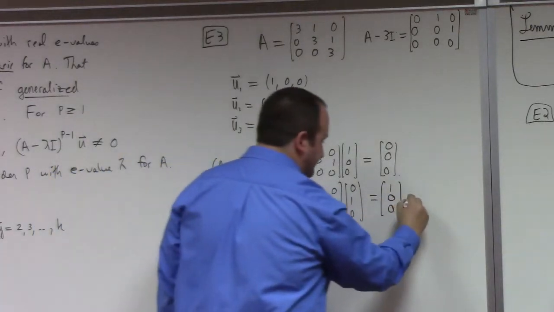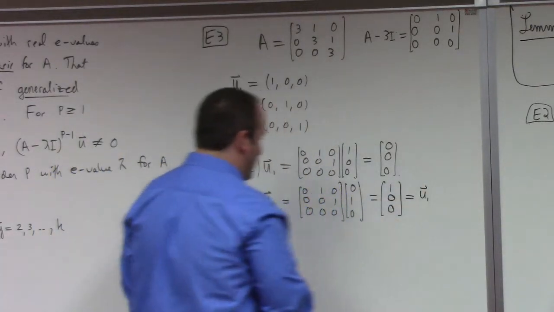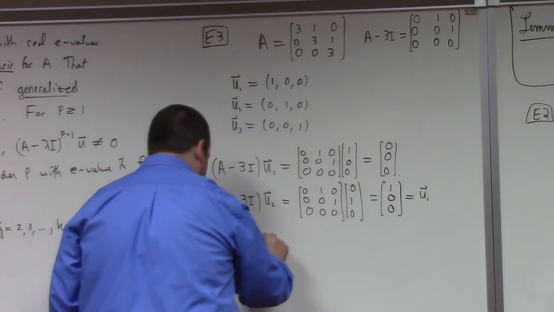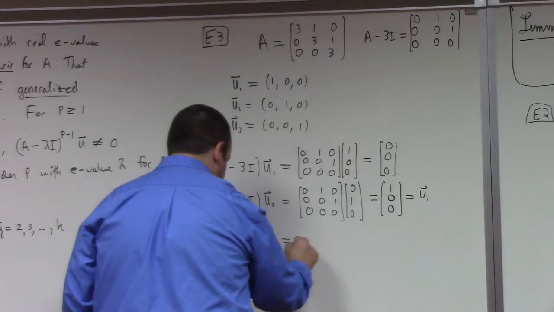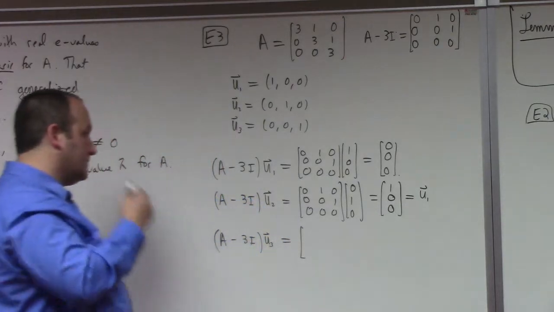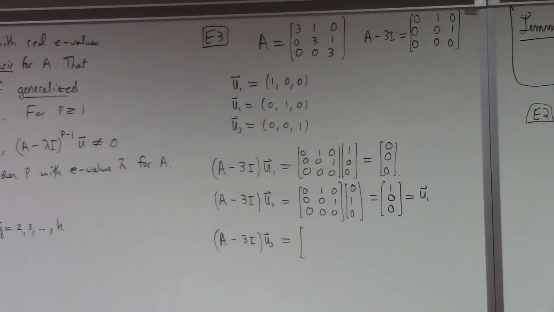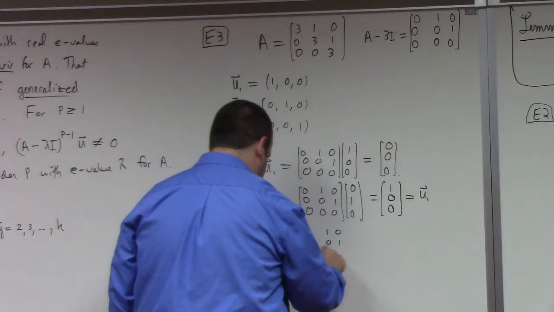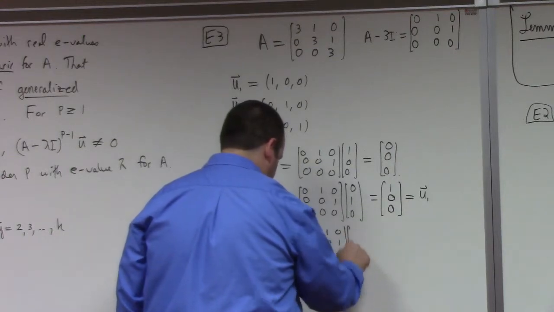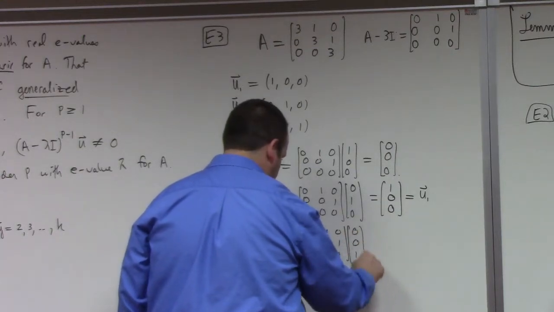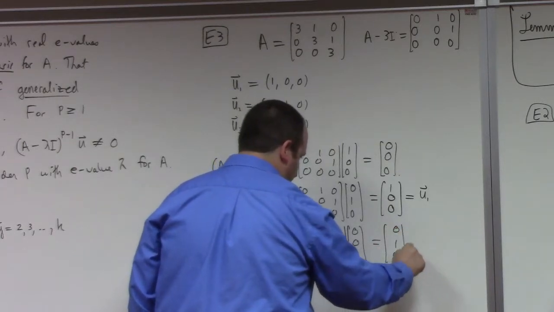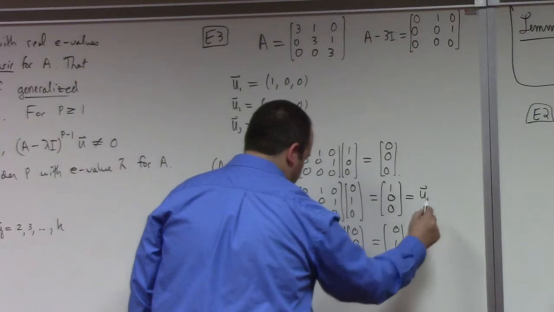Okay. What's A minus 3I times U3? It's (0, 1, 0), also known as U2.